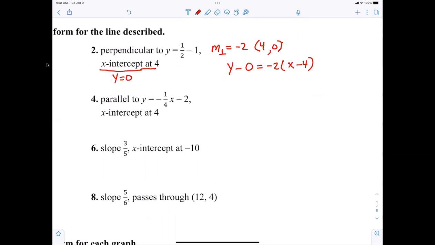That's considered point slope form. Now we're going to put it in slope-intercept, so we just say y equals -2x plus 8. Anybody have any issues with that?